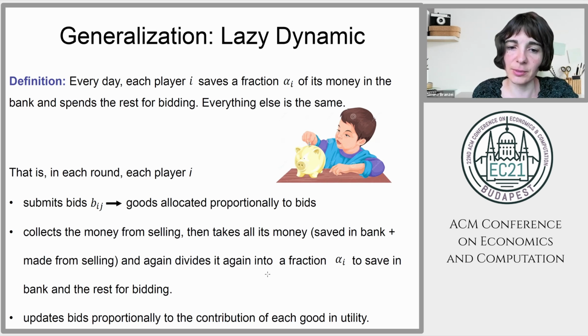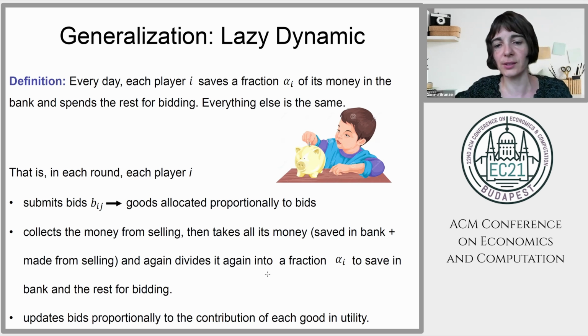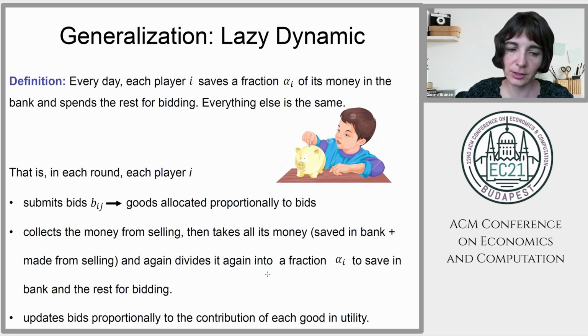Then the player collects the money from selling, and at this point, it takes all its money, whether it has something saved in the bank or money that it made from selling. And again, it divides it into a fraction alpha_i that it saves in the bank, and the rest that it will use for bidding. And then the players will update their bids proportionally to the contribution of each good in their utility.